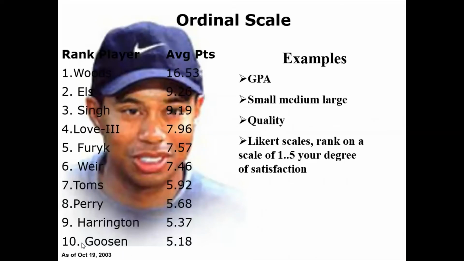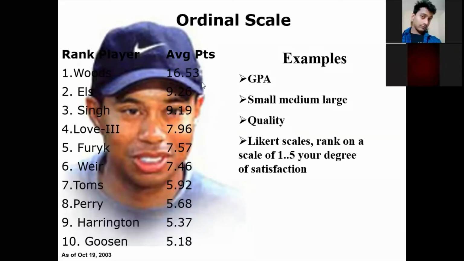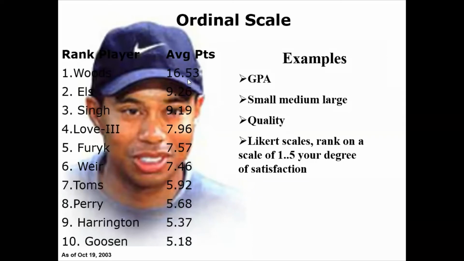We cannot say that Woods is 10 times better than Goosen, because there is no equal difference in each rank. See, the first rank scored 16.53, and the second candidate scored 9.26.